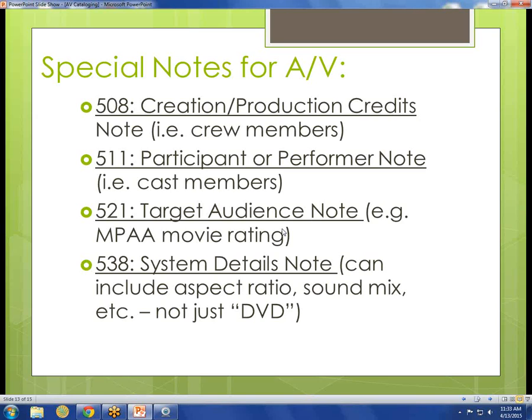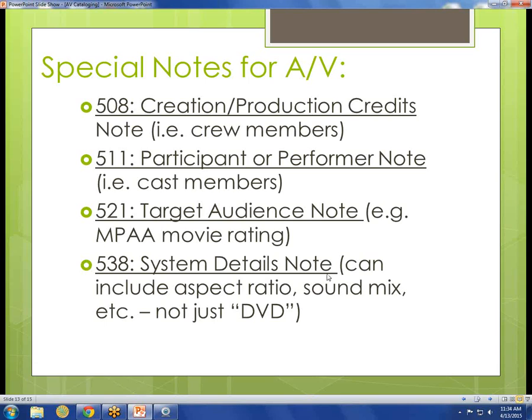Is it not rated? Is it not rated because it's a nature film? Or is it not rated because it's a slasher movie? So yeah, again, this is something really important that we want to have in the record for the benefit of our library patrons, the MPAA movie rating, and field 521 is where it goes.